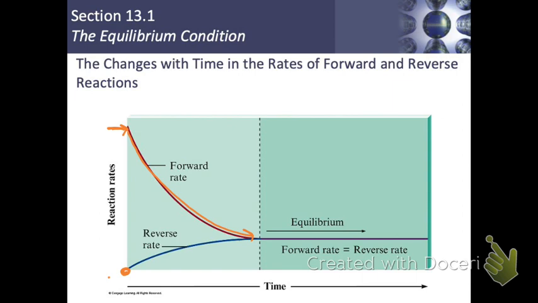At the very beginning of my reaction, there's only reactants. So I can't have any products turning into reactants at the very beginning. But as I form products, they can start forming back into reactants until they reach what's called the equilibrium rate, in which our forward rate equals the reverse rate. Okay, that's essentially what equilibrium is, right? Our forward rate equals our reverse rate, and our concentrations remain the same.